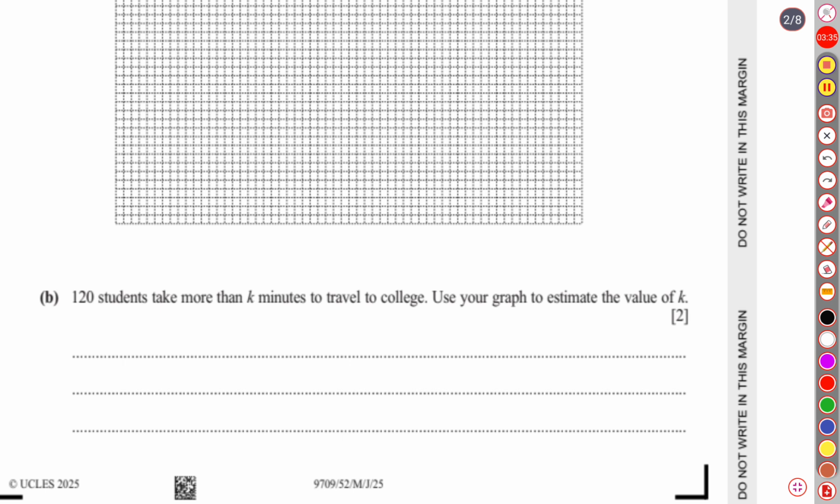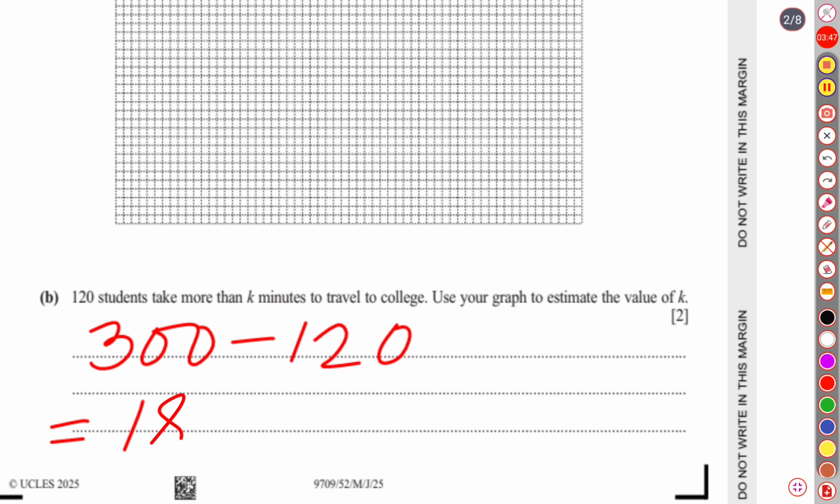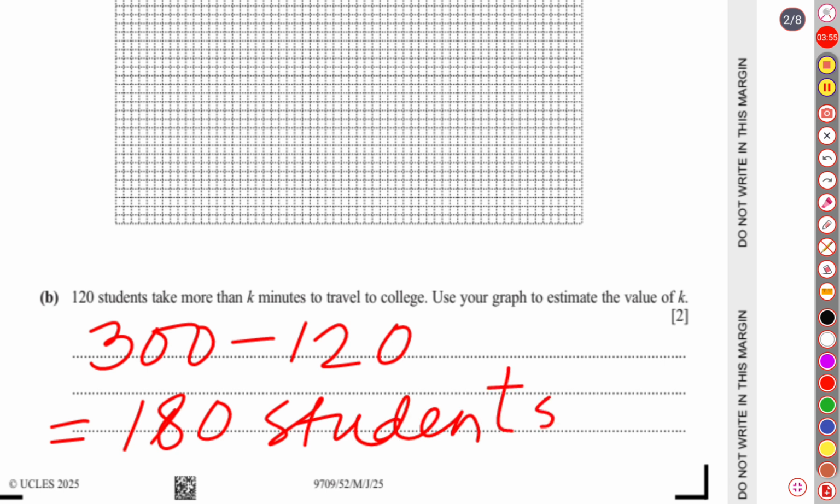If 120 students go away from 300, there will be 300 minus 120 equals 180 students. So we will have to find the point which coincides when the number of students is 180. Please don't get confused.